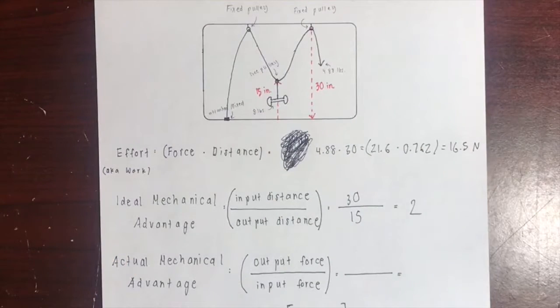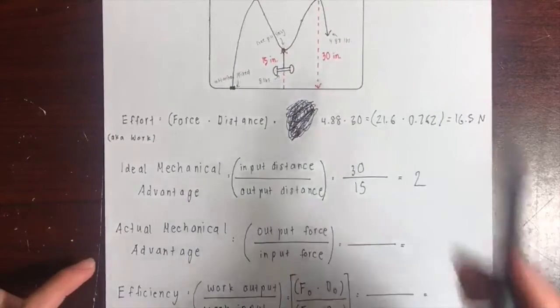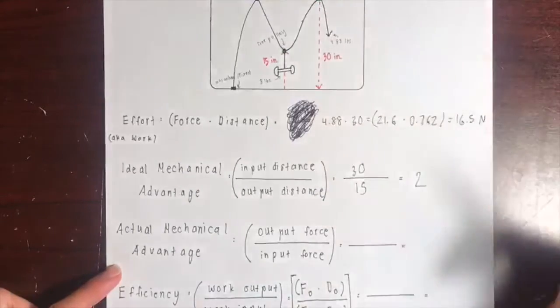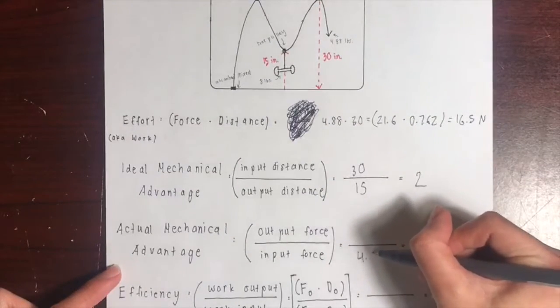And then if you want to calculate the actual mechanical advantage, which includes all the friction and the real-world energy that is lost, we would use output force over input force. Since we were able to get a direct measurement of 4.88 pounds for the input force, we would just put that in.